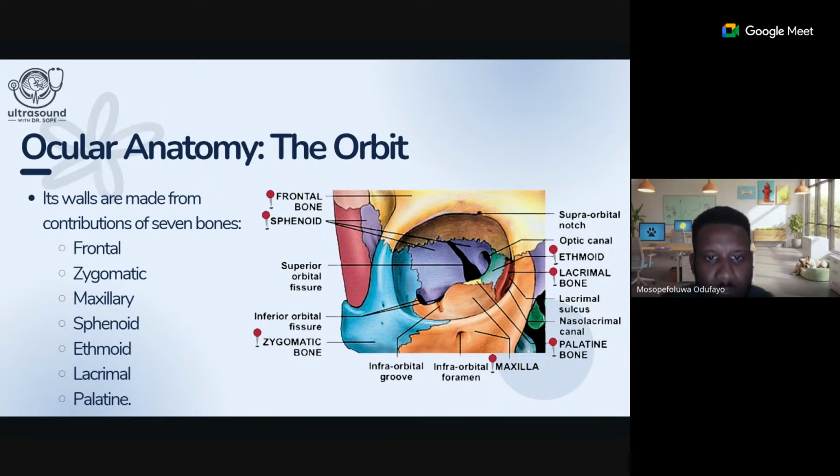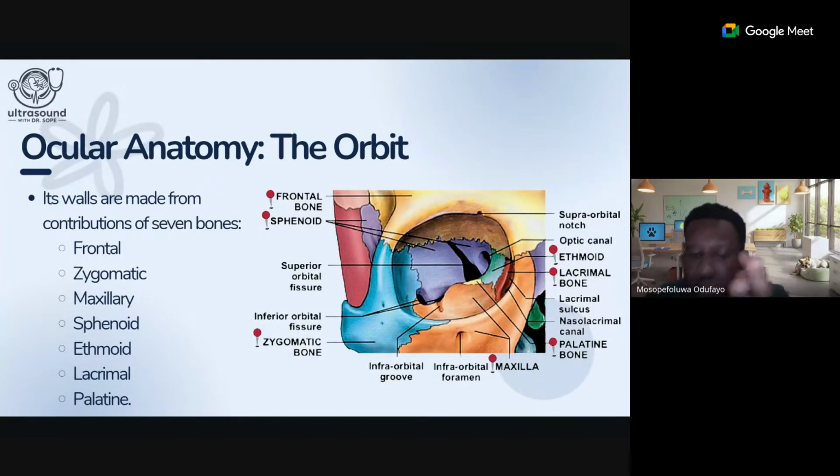The zygomatic bone. One of the things you should know about these bones is that not only do they commit themselves to being part of the orbital structures, their parts also extend into all other regions to play certain roles.